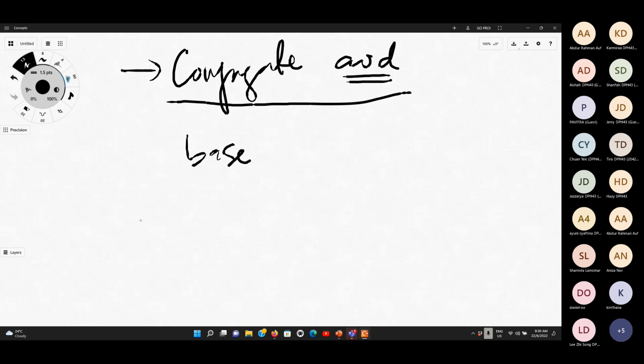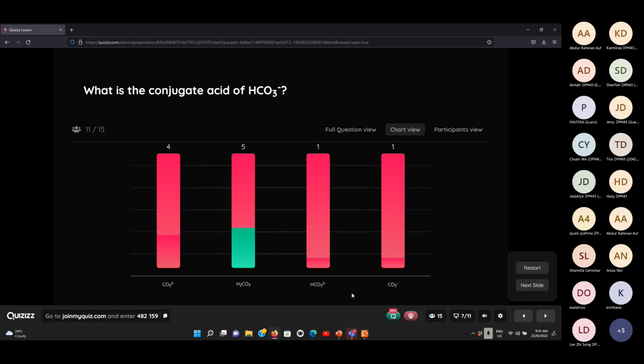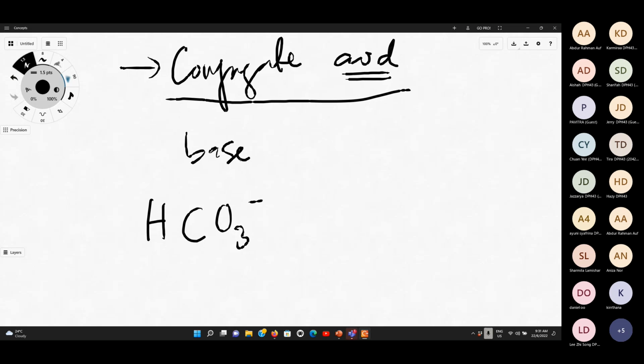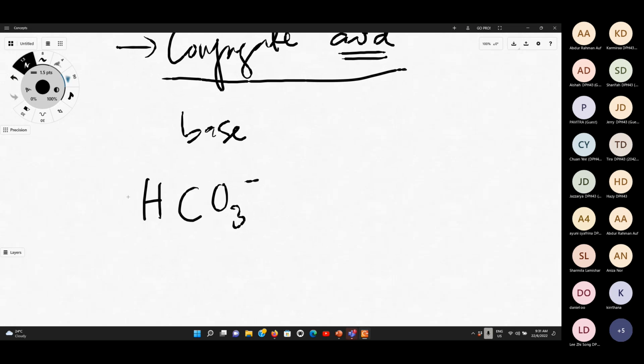Okay, so in this case kita ada apa tadi? I forgot the chemical, the HCO3 minus, carbonic acid. HCO3 minus. So what is the conjugate acid of this? What is it? So maksudnya dia tanya what is the base of this?